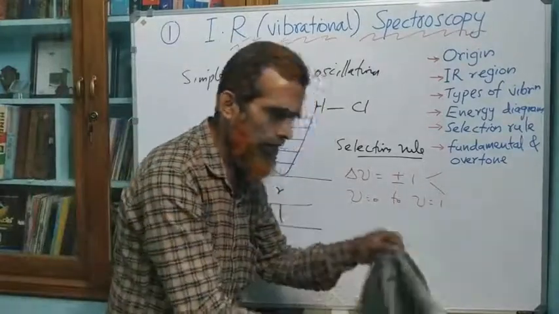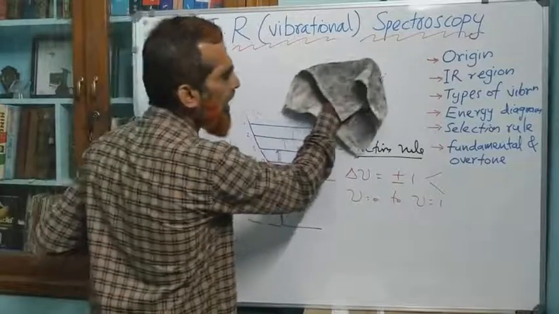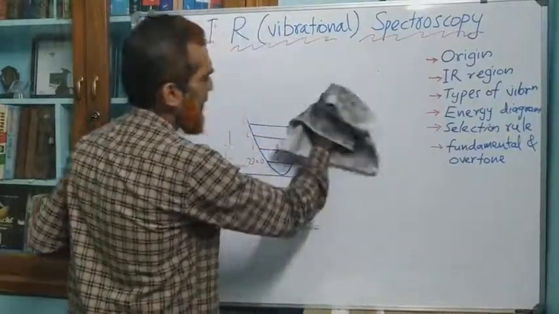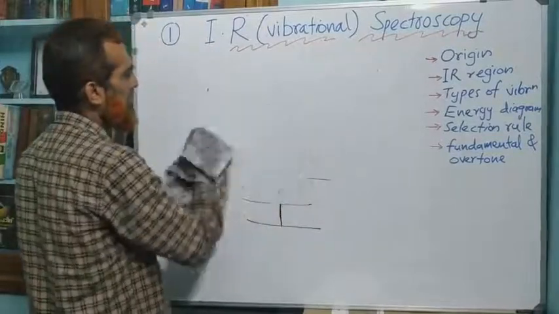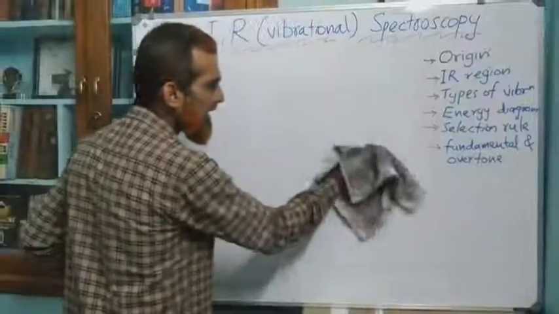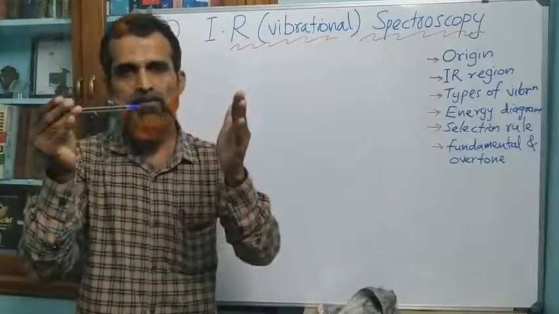But by and large, molecules are found to undergo oscillations violating Hooke's law. That is the actual practice. Most molecules, when they undergo vibration, don't completely obey Hooke's law. Suppose this HCl molecule is undergoing stretching.